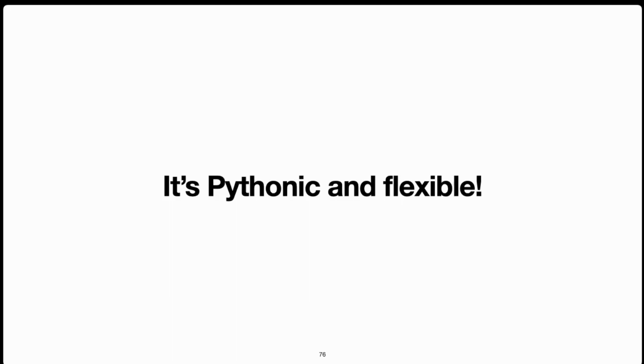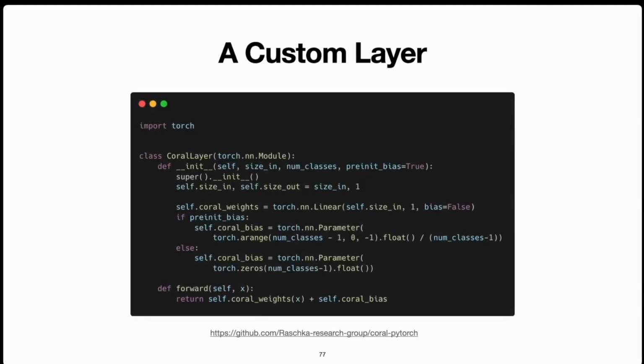A lot of people use it, which is also useful because then you can find a lot of code examples and explanations online. But what's also nice is that it's very flexible. So when I work on a research project, I can tailor it to my needs without it getting too much in the way. For example, in a research project, I once needed to create a custom layer, and it looks a bit complicated, but this is my custom layer, how I would implement it.